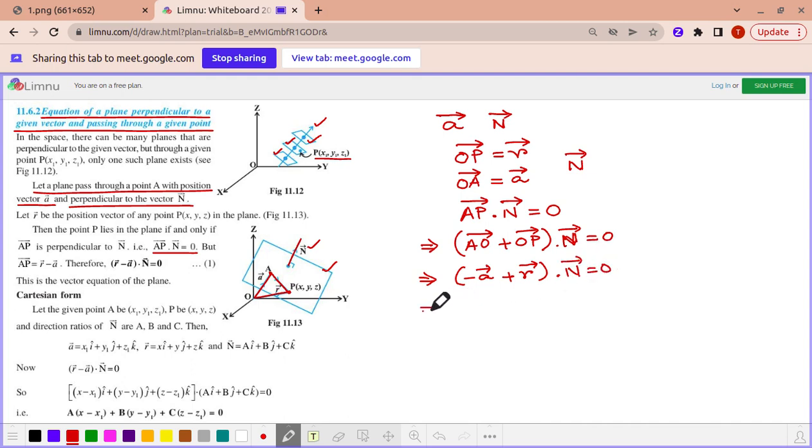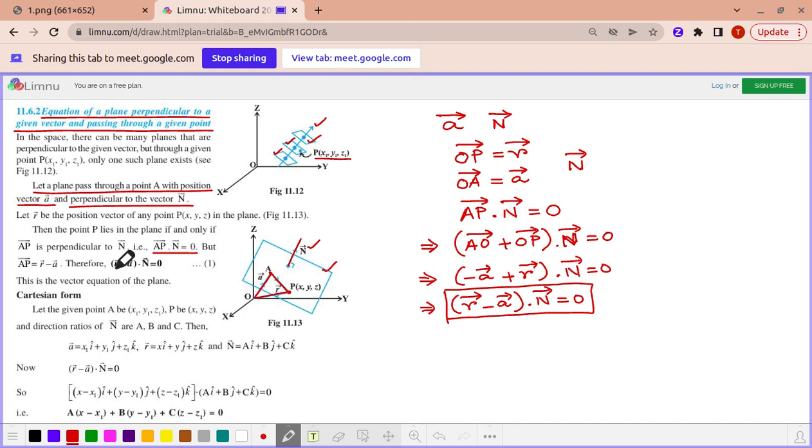So we can say, dear students, that R vector minus A vector dot n vector is equal to 0. That is the equation of the plane passing through a fixed point having position vector A and perpendicular to a vector n vector.